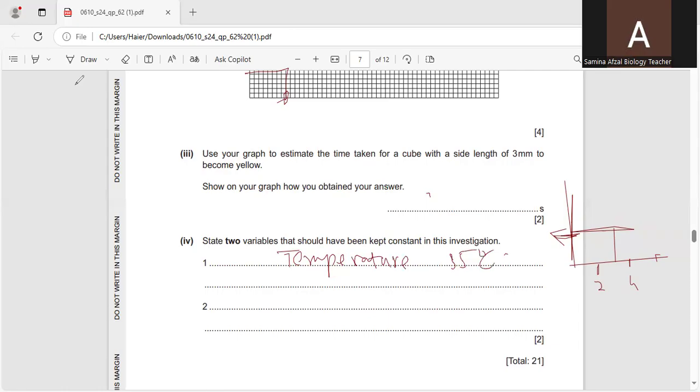Time was also constant, and the concentration, or the concentration can differ, but the volume was the same. So there were many variables which were kept constant or which can be kept constant.